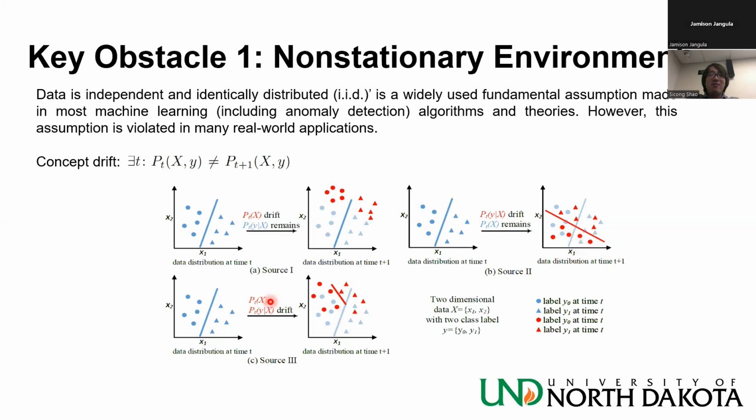And an even worse situation is when your marginal distribution of x, the probability distribution of x, and also your posterior probability change. This makes the situation even worse.